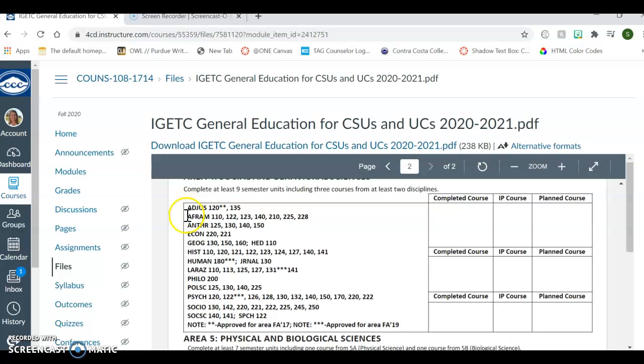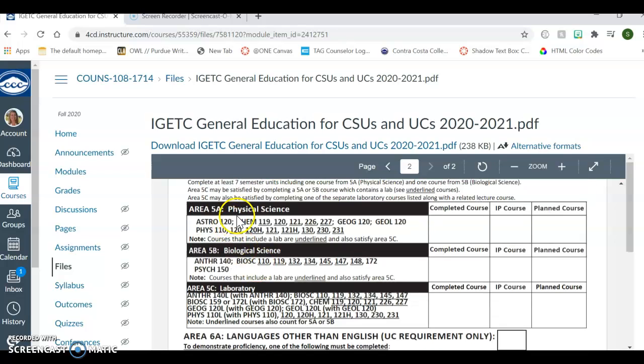So as with the CSUs, if you said, I'm really interested in AFRAM and I'm going to take these 3 AFRAM courses, you can do that. However, we can only use 2 to meet this general education. You would have to take maybe 2 AFRAM courses and then add in, say, History 110 or any other course here. You also can take courses from all 3 different disciplines. That is okay as well.